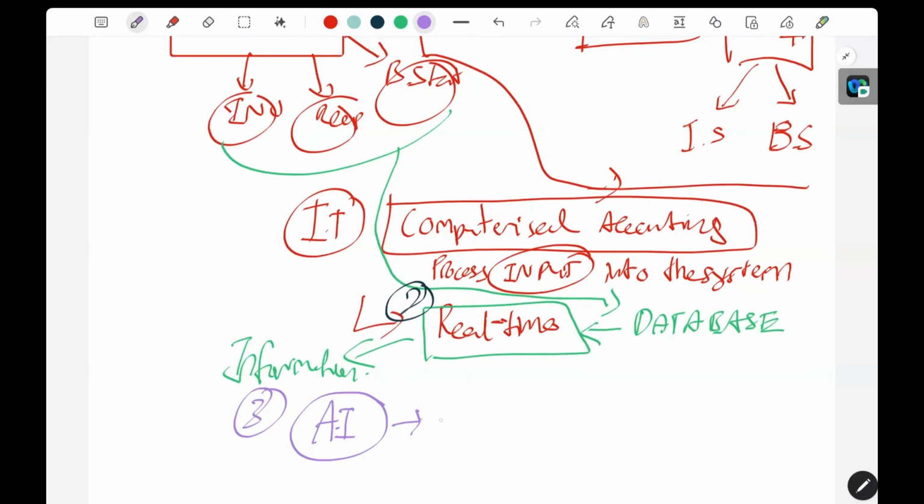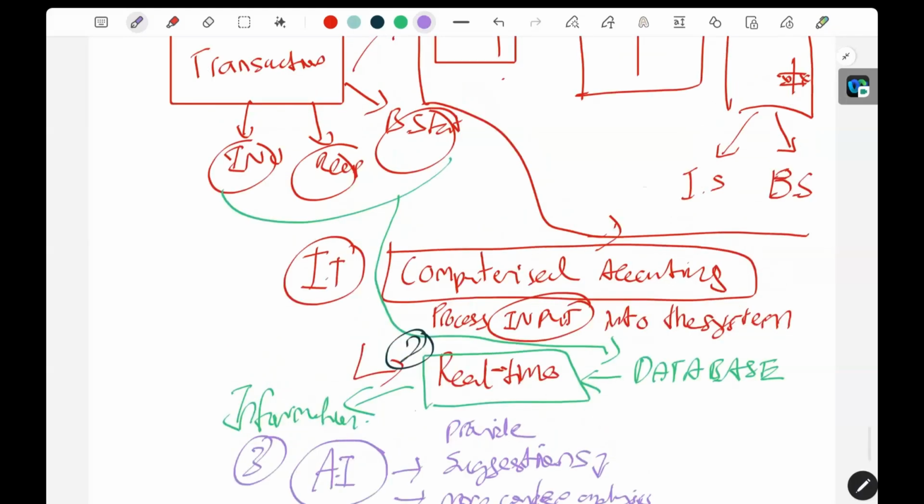AI will give you suggestions, and they will provide more complex analysis suggestions, right?